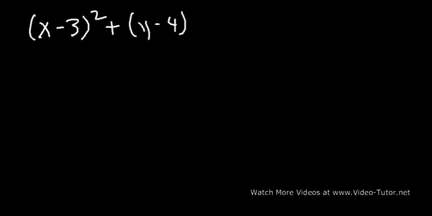So let's say we have this equation, (x minus 3) squared plus (y plus 4) squared equals 16. So we need to find h and k.